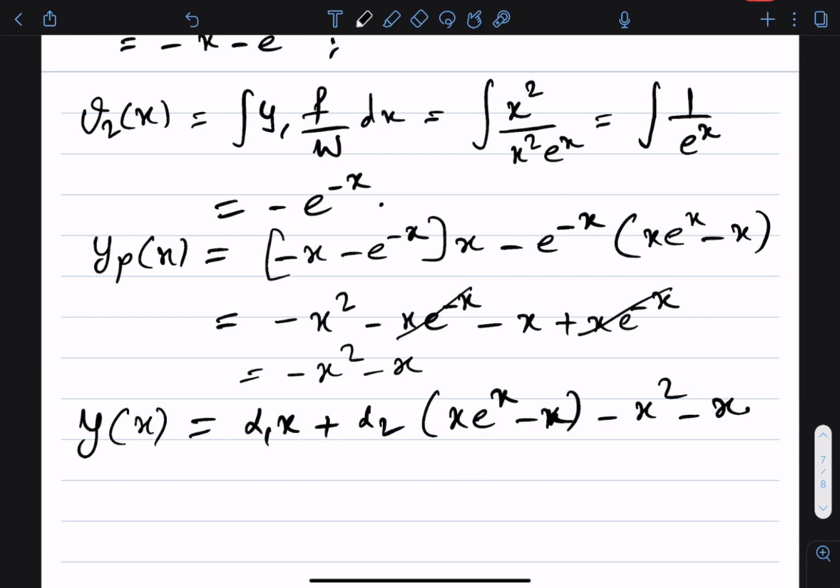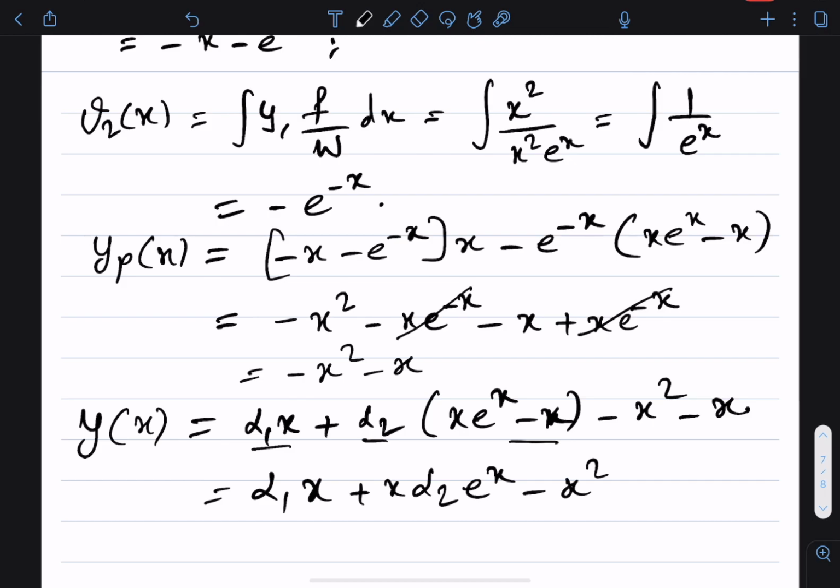Alright, so here you can actually see there is an x here, there is an x here, so this can be combined together to write as (alpha 1 plus x alpha 2) e power x minus x square minus x. Okay, so that's the general solution.